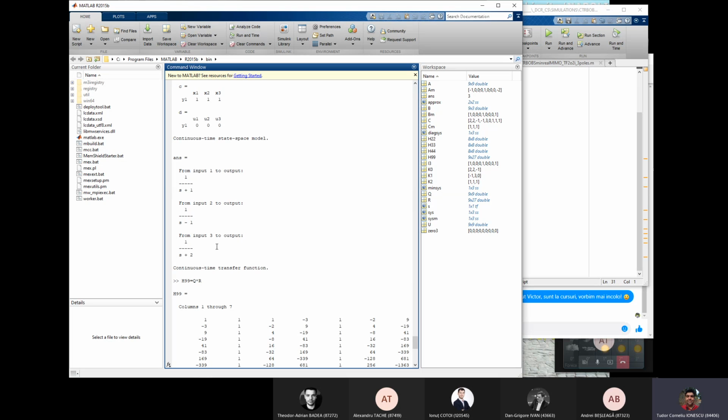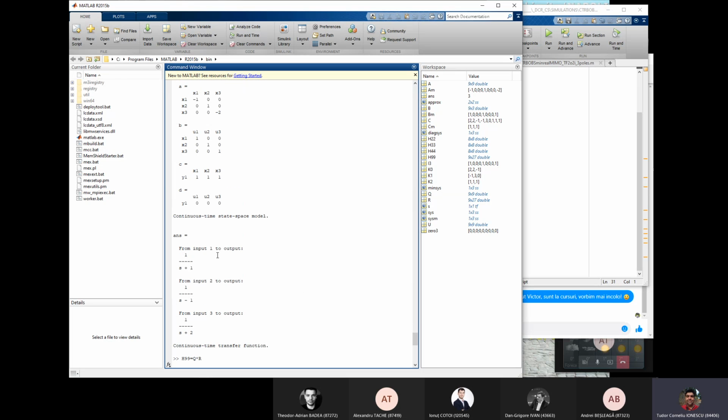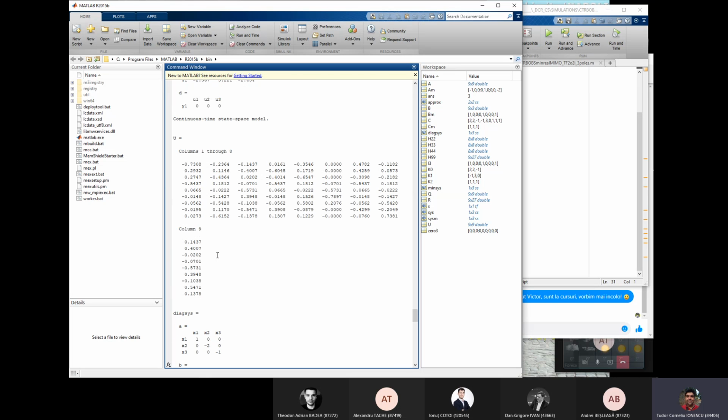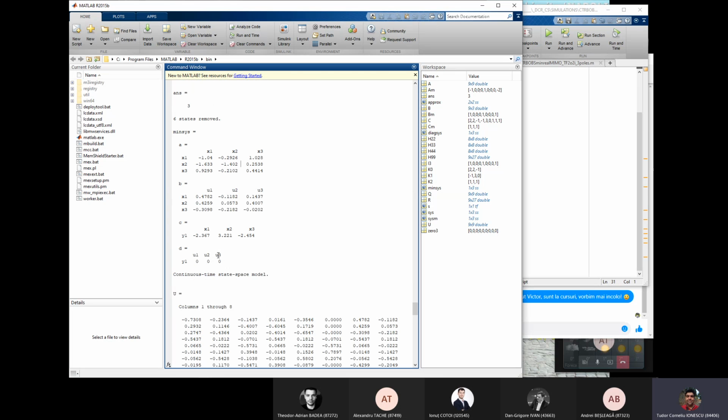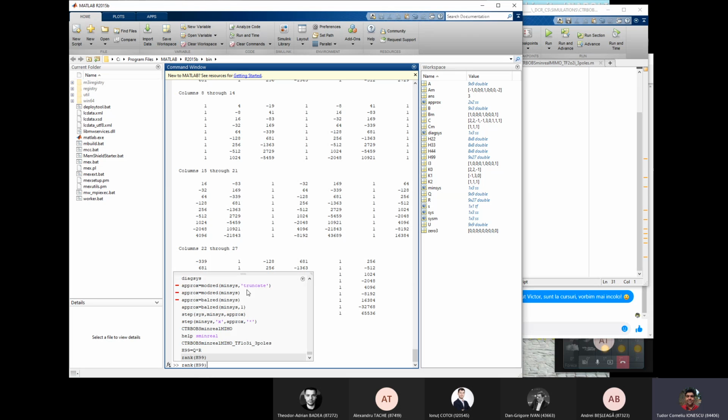And this is the transfer matrix. This is very interesting. So from 9 we go down to 3. And again, we do approx. Let's approximate this with the simplest possible.